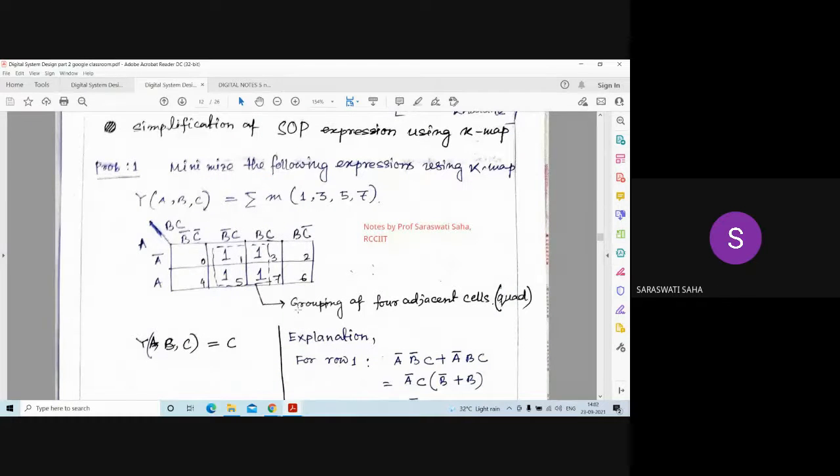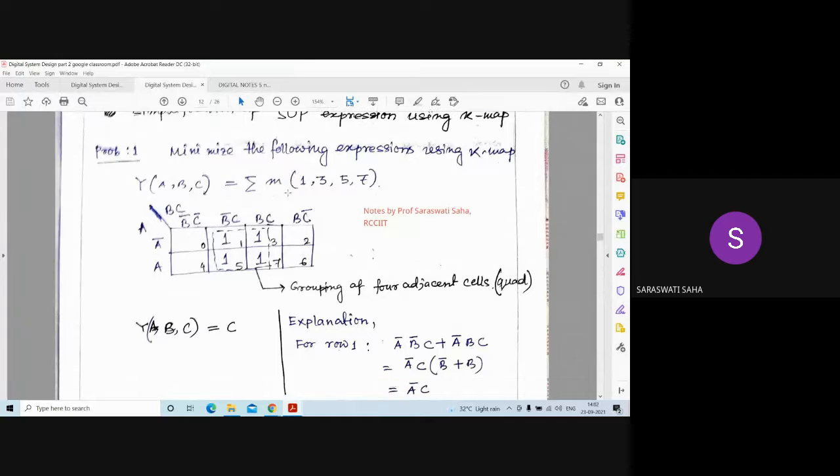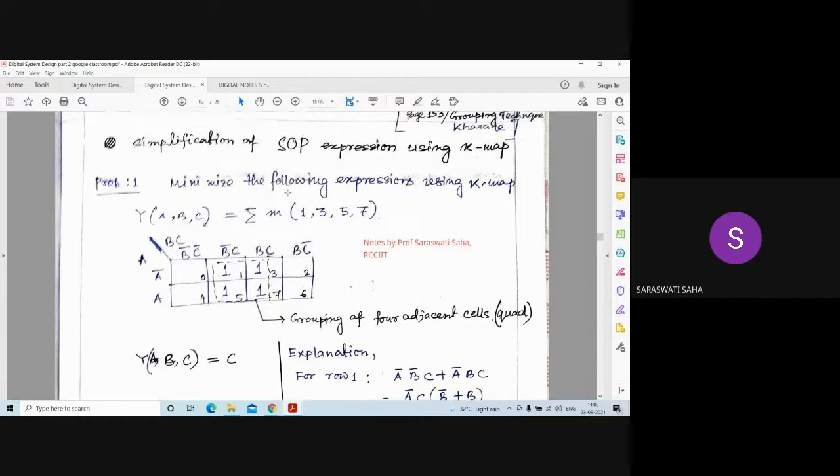Again, I come back here. Simplification of SOP expression using K-map. So the next thing is how we can simplify the expression with the help of K-map. Now here, one output expression is given for you. So y equals summation of min-term 1, 3, 5, 7.